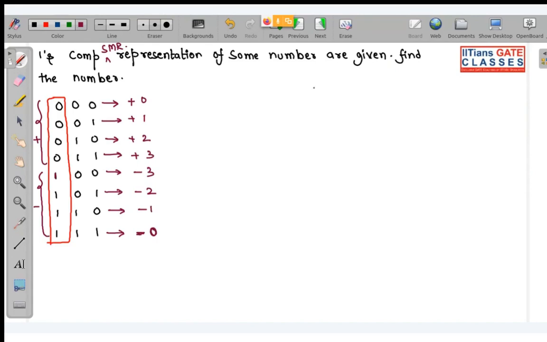So here you can see that using 3 bits, the range of numbers that I got in one's complement is from -3 to +3. Now if I take 4 bits, the range of numbers that I can represent will be from -7 to +7, because the numbers will be 0 0 0 0, 0 0 0 1, like this till 1 1 1 1.